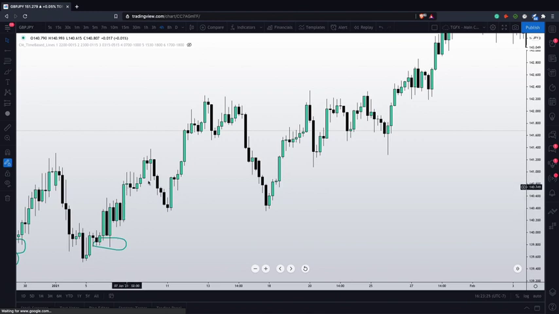So now where's price going to go? It's going to go back to a level of equilibrium where there's potentially an equal amount of buyers and sellers. So it's going to find a level. It's going to once again form some sort of pattern, a base or an order block, and then it's going to reverse. It's going to go back into an imbalanced impulse, and then it's going to go back to equilibrium.